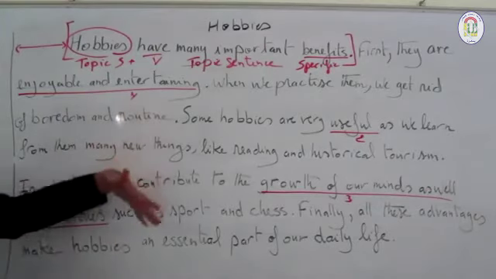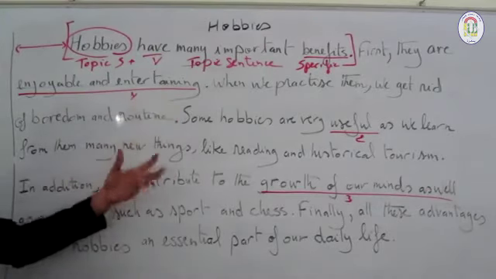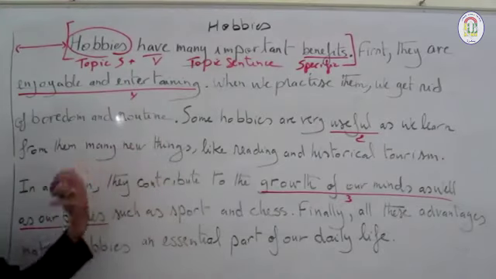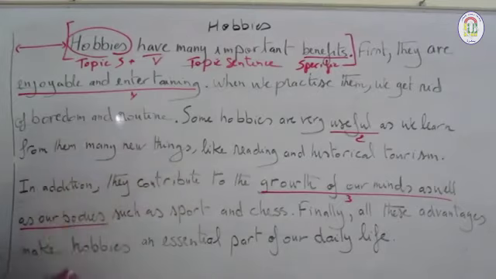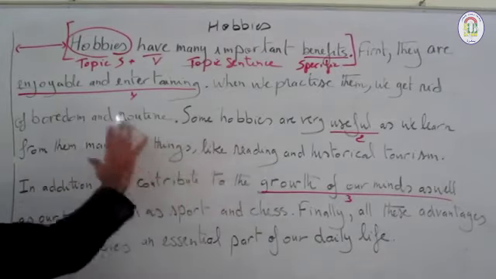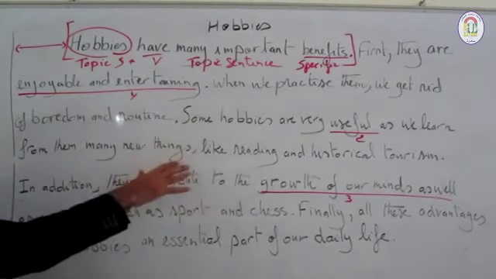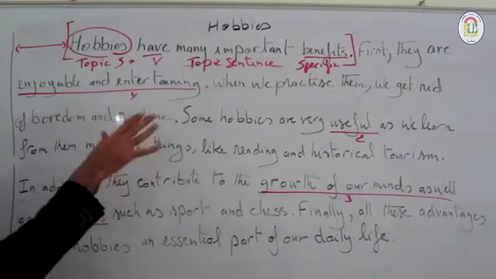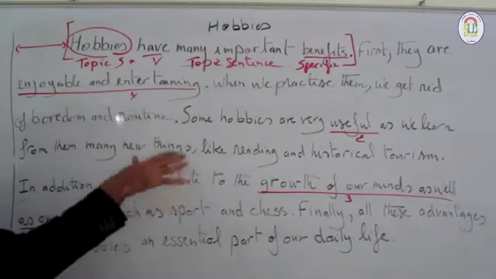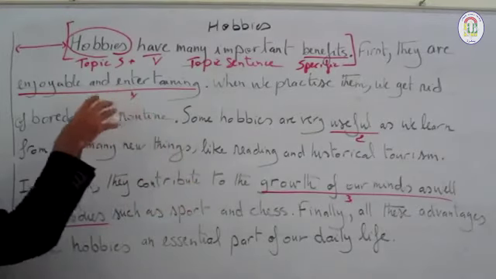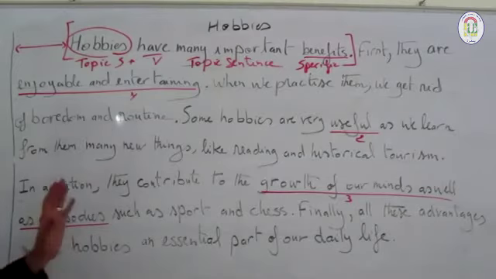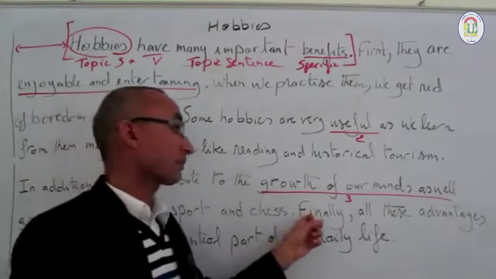As you see here, there is no insertion of emotions or feelings, like I like, I don't like them, I hate them, I love them so much. These are mere facts about the benefits. Here I try to inform my reader about the benefits which I find when practicing these hobbies.